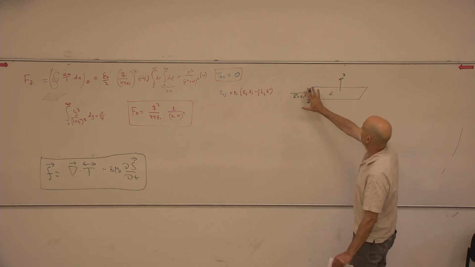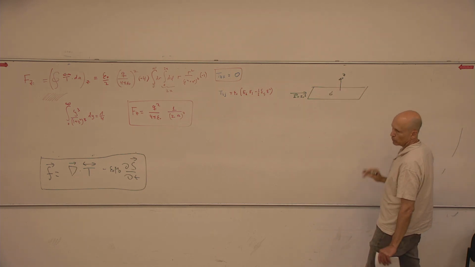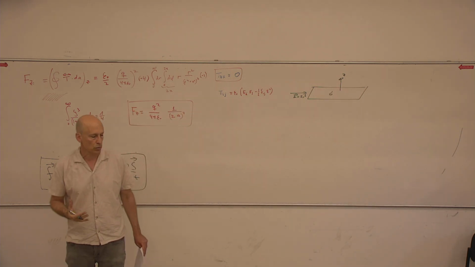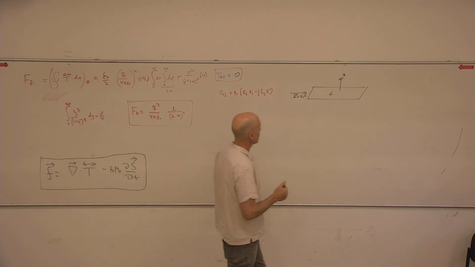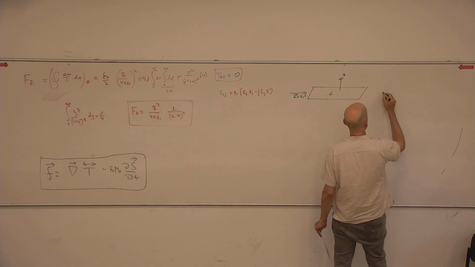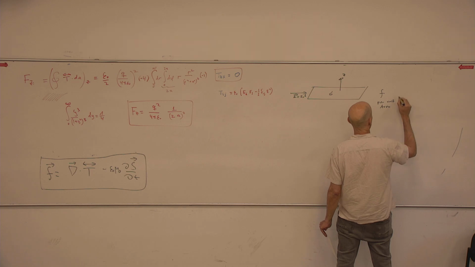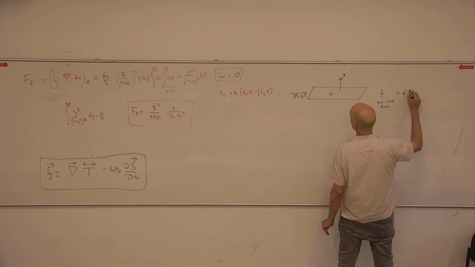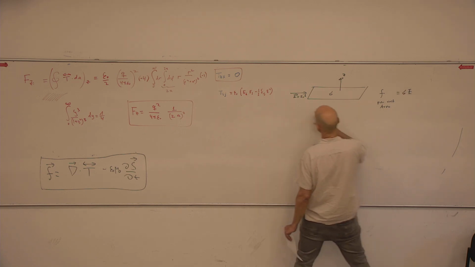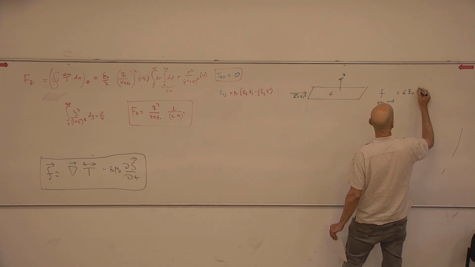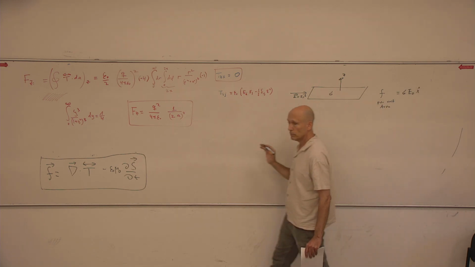Well, I can do that, and what will happen? This guy will go in this direction in principle if it's not stuck. There is some force. What is the force? Well, the force is complicated, but the force per unit area is simply sigma E0 times x. It's very simple.